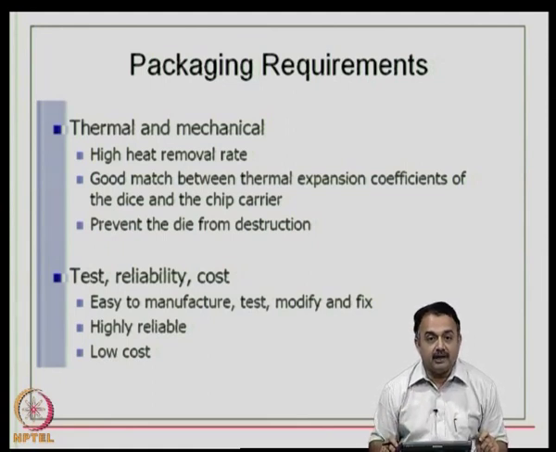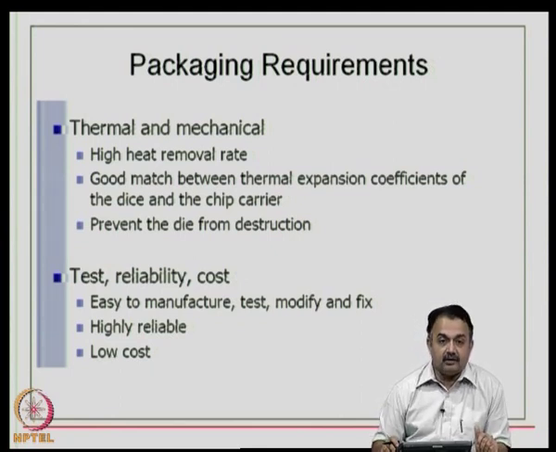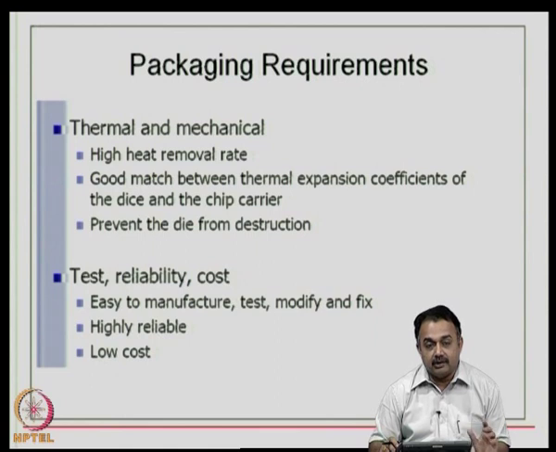One of the important packaging requirements today is that the thermal and mechanical stress needs to be reduced on the device. So, you should have a high heat removal rate, good match between thermal coefficient of expansion of the die and the chip carrier. So, the chip is silicon and the chip carrier can be a plastic. They have different TCEs, that is the thermal coefficient of expansion.